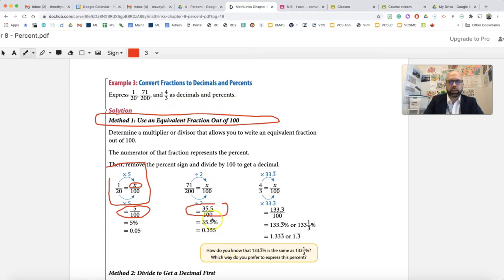Then 4 over 3. This is the hardest one because 3 doesn't go into 100 evenly. So we've got to multiply by 33.3 repeating, and that gives us 133.3 repeating. It's all this repeating.